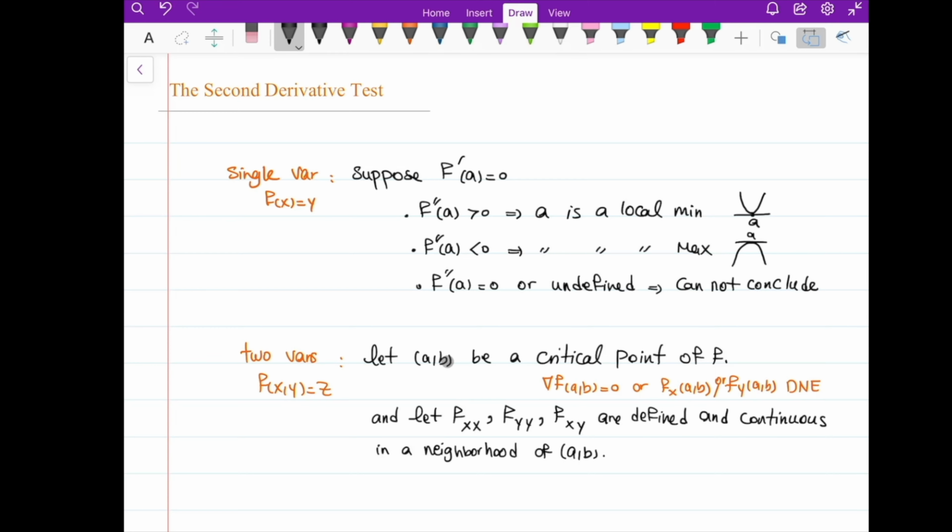First, the point is a critical point. The second one is that the second partial derivatives are defined and continuous.